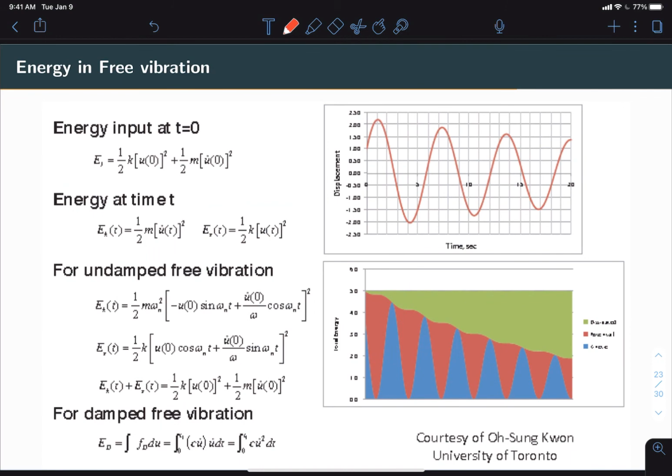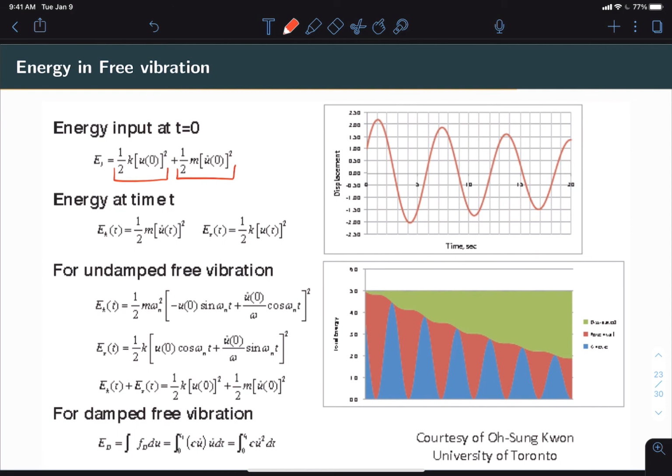And the last important thing to mention here is how we look at energy once we add damping into the system. So at time 0, at the start, our total energy will be dependent on the initial displacement, which determines the potential energy stored in the spring, and the initial velocity, which determines the kinetic energy of the system.